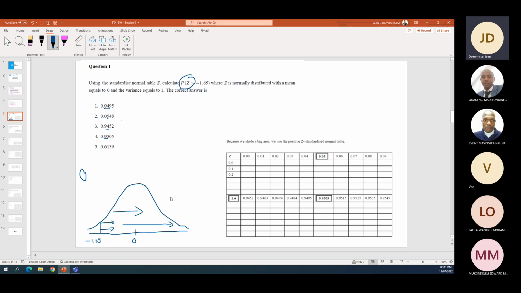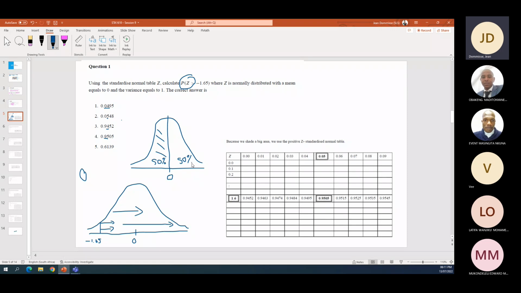If I had the normal distribution with 0 in the middle, this side is 50% and this side is 50%.